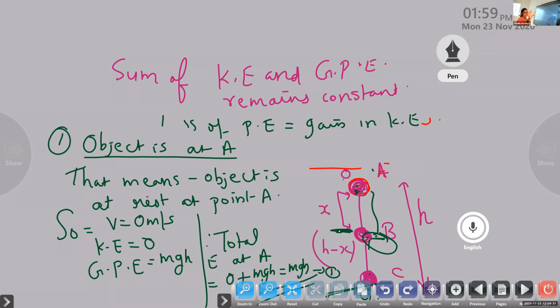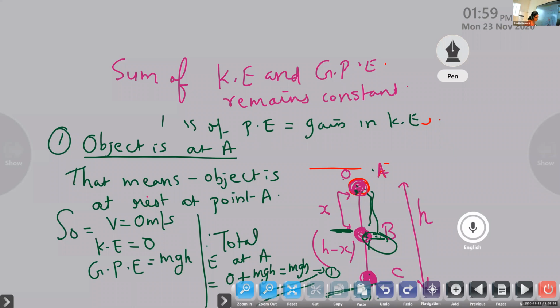Up to this point it has already become kinetic energy. My question is, at this point B, this is the height it has to cover. What is the potential energy of the object at B now? mg(h minus x). Yes, mg(h minus x). It is not mgh, because this mgx has already been converted into kinetic energy.